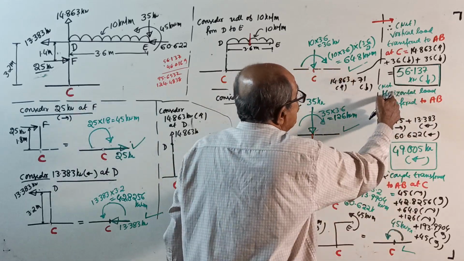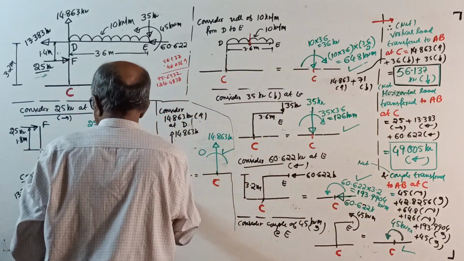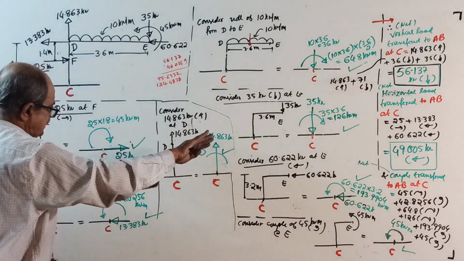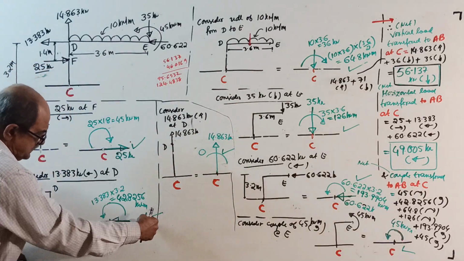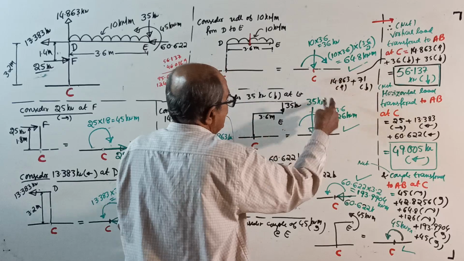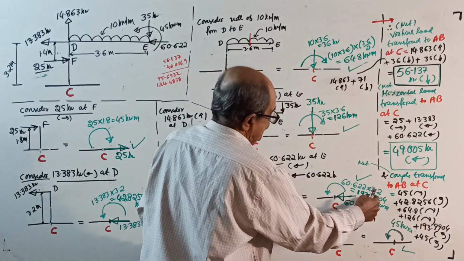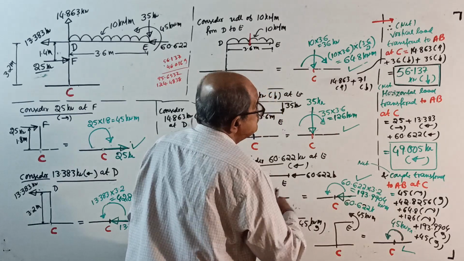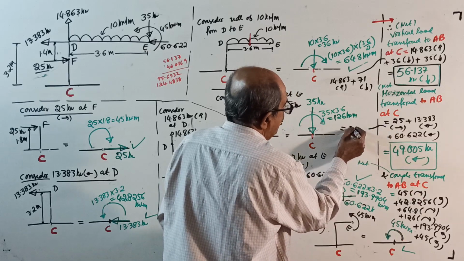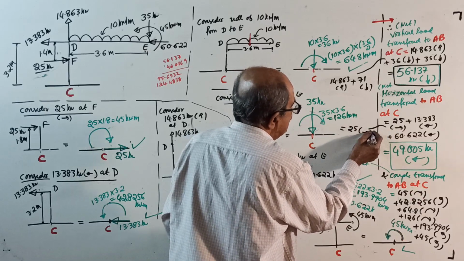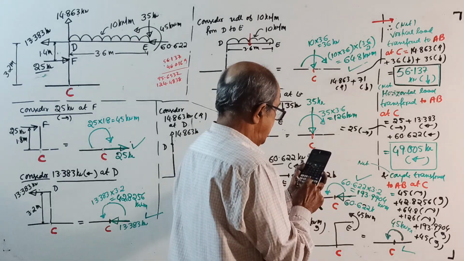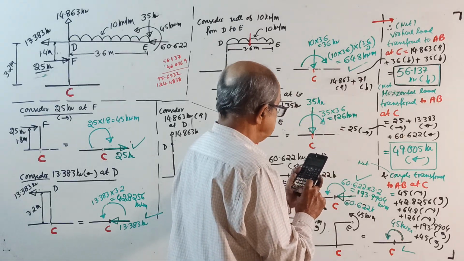Now, net horizontal load at C. Here, 25 right, I wrote there. 25 right, 13.383 left, then 60.622 left. Or if you want, you can write equal to 25 right and then 13.383 left and also 60.622 left.